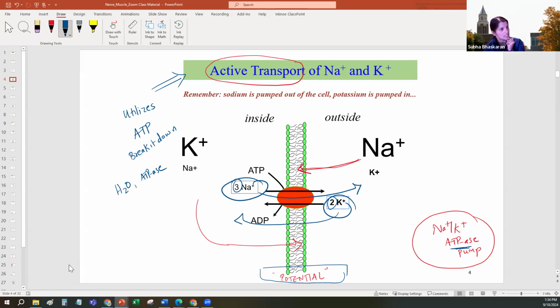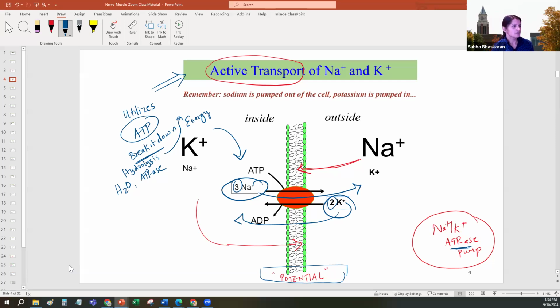Got it? It utilizes ATP. But remember, whenever it's ATP hydrolysis, it gives us energy. And that energy is required to do this movement of putting Na plus to where it belongs and bringing in potassium to where it belongs.